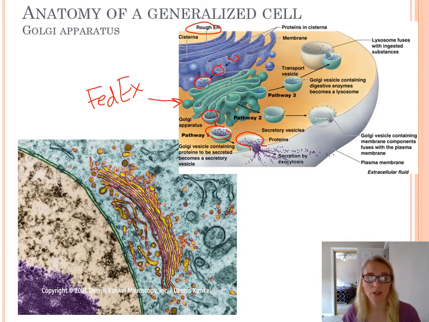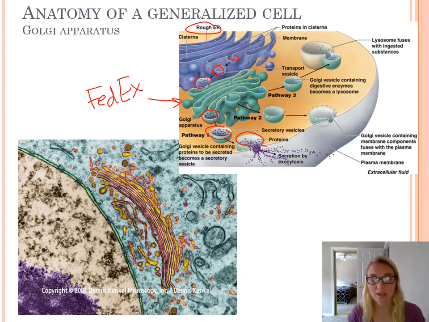Think shipping and packaging, or packaging and shipping. It receives a package from the rough ER, processes that, maybe adds some sugar molecules or tweaks the protein shape a little bit, packages it up into a new vesicle, and then ships it off to its destination, which could be the surface for secretion. It could be another location in the cell, maybe the mitochondria or another organelle.